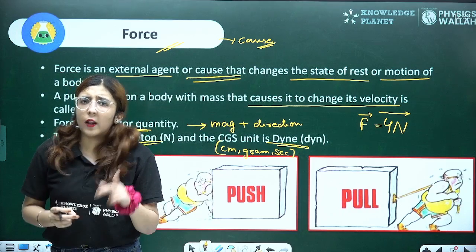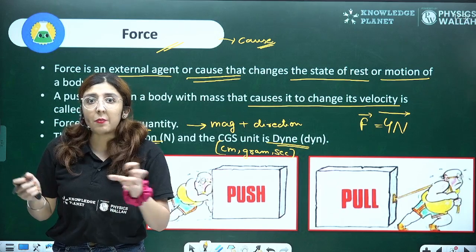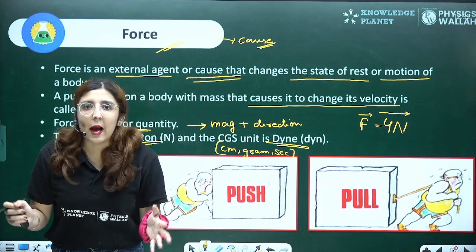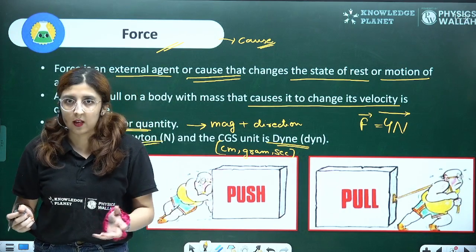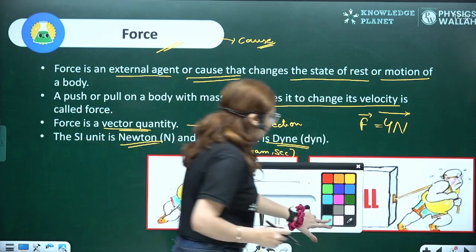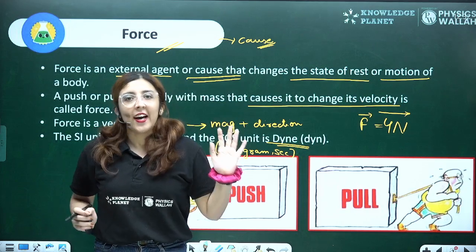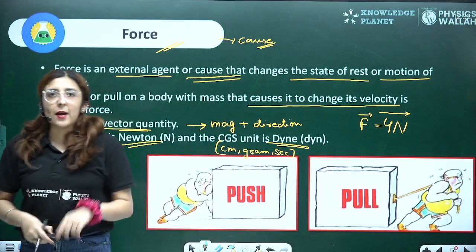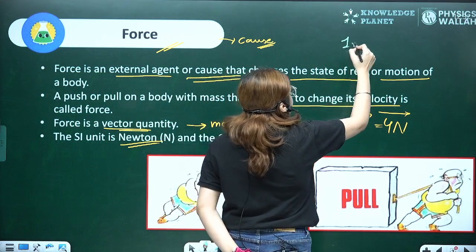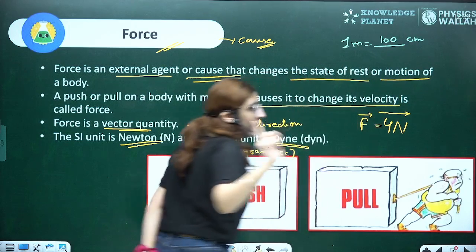Certainly, one thing is pretty much obvious: when we are talking about force, there will be some effects. So let us talk about some effects. Let us take one example only and talk about these effects. But before that, everyone, I want all of you to mention this in the chat. 1 meter is 100 centimeter, agreed?